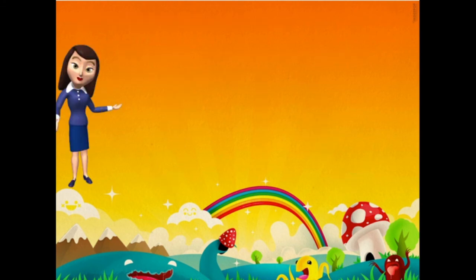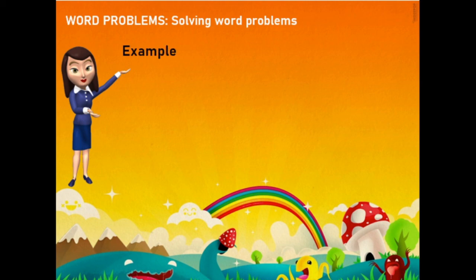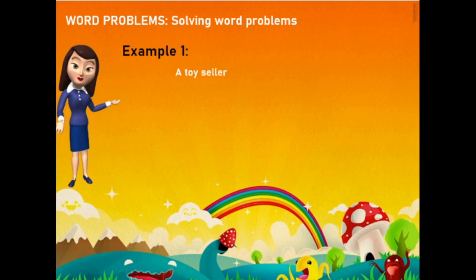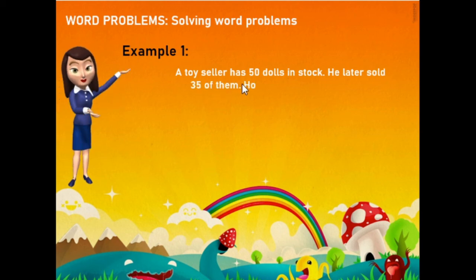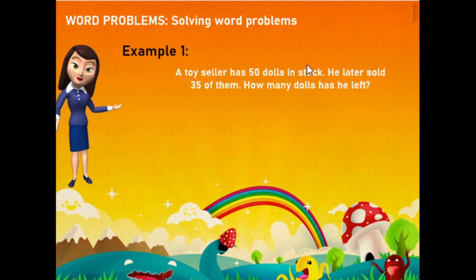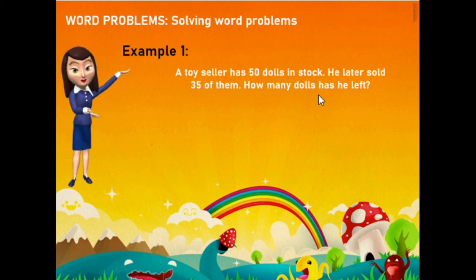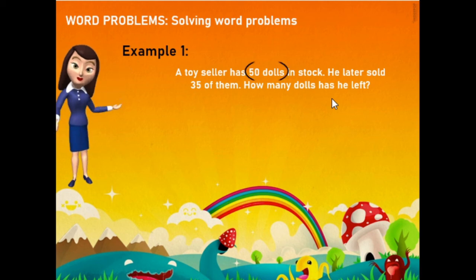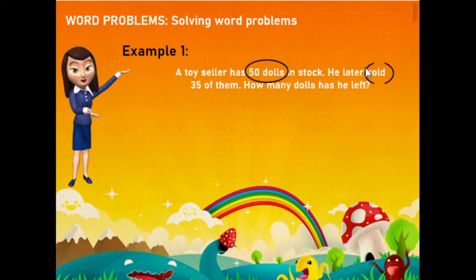Okay, let's go on to another example. Example 2. A toy seller has 50 dolls in stock. He later sold 35 of them. How many dolls has he left? Take note of 50 dolls and sold 35.